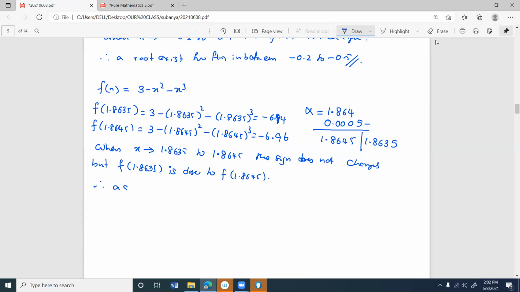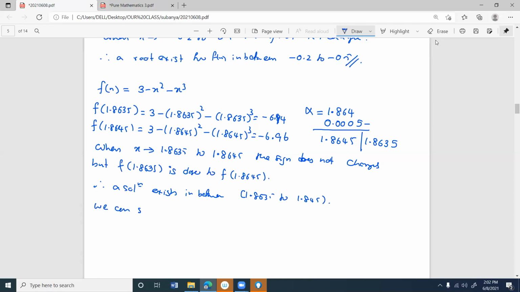Therefore, a solution exists in between 1.8635 and 1.8645.